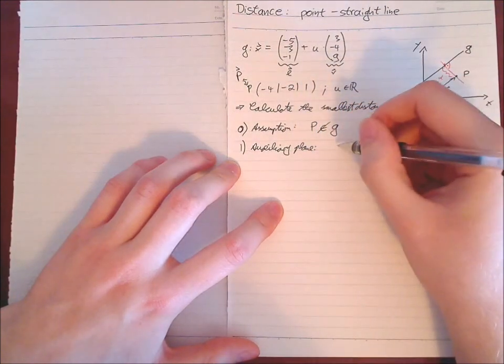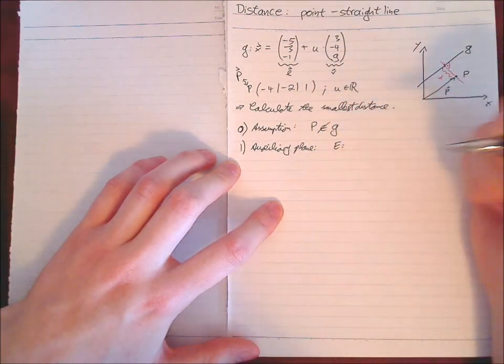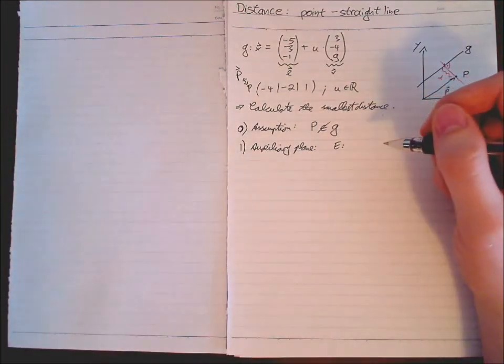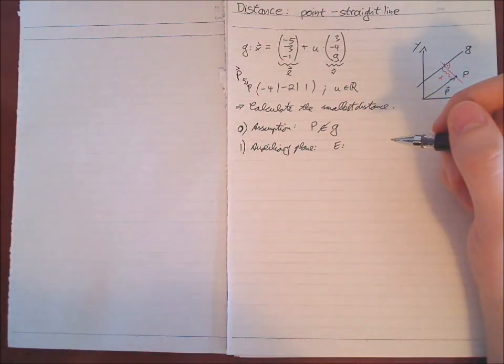I call it E, and with the auxiliary plane we can already solve several of the steps.